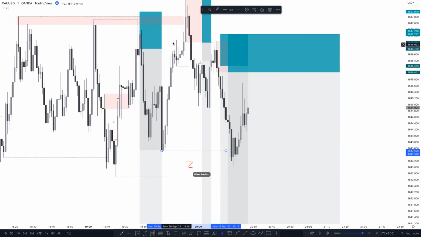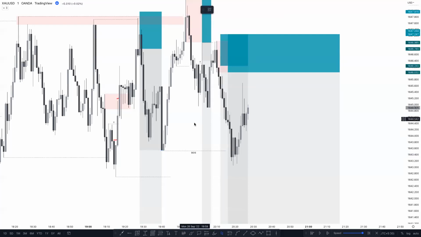Okay. So this one is our break of structure, right? After this break of structure, you have to mark where our inducement is. So in this leg, we can see where our inducement is. You can see this high acts like an inducement, which one is here. Why?